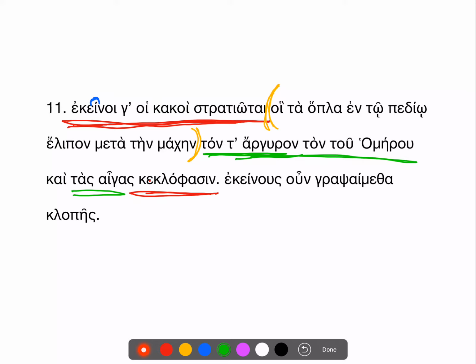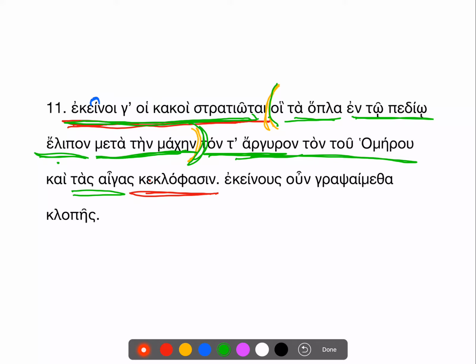All right, so let's try and put it together a little bit. Those bad soldiers, okay, those bad soldiers, here's the relative clause, who, elipon, there's one of our second aorists, third person plural, second aorist, indicative active, those bad soldiers who left their weapons on the plain after the battle.